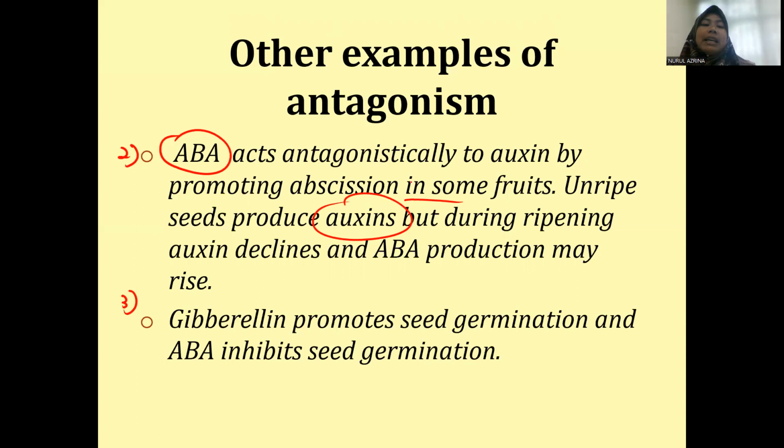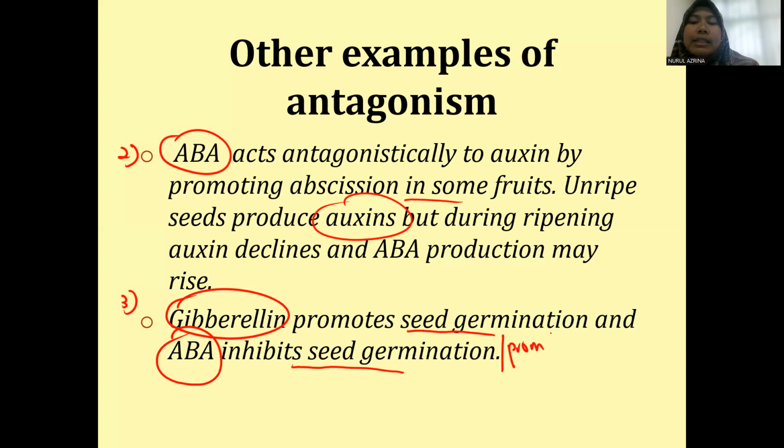Okay, right. The third example is gibberellin and ABA, the antagonistic function between gibberellin and ABA. Gibberellin promotes seed germination, while ABA inhibits seed germination, or we can say promotes seed dormancy.